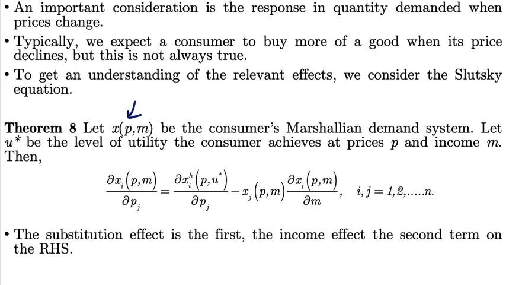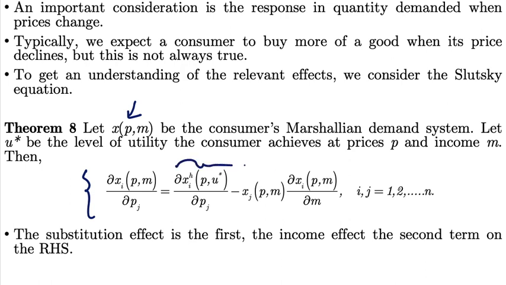Now let U star, the direct utility function, be the level of utility the consumer achieves at prices P and income M. Then we have this Slutsky equation. Now the Slutsky equation says that if we differentiate the Marshallian demand function of good I with respect to the price of another good, call it good J, then what we get here is on the right hand side of the equal sign.